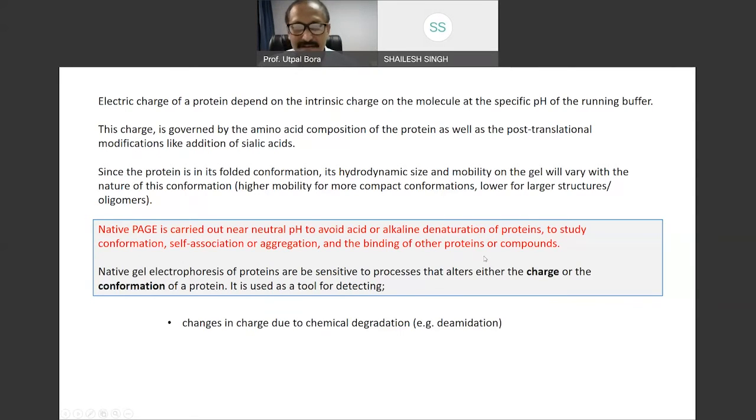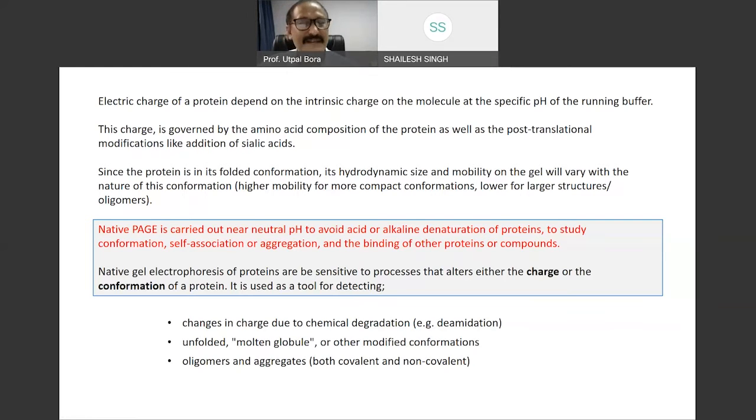Okay. So due to this native gel electrophoresis, we can use it for detecting many things like changes in charge due to chemical degradation, whether a protein is unfolded or a molten globule, whether it is oligomeric and has aggregates.